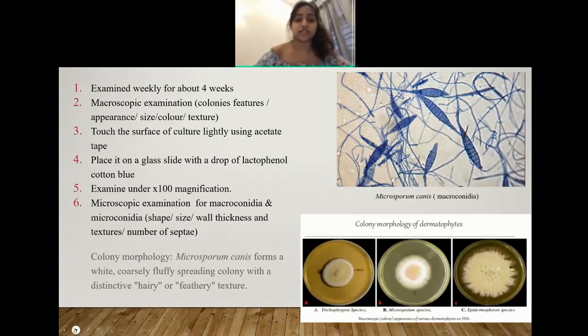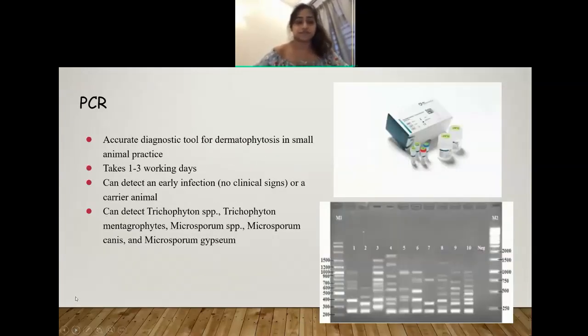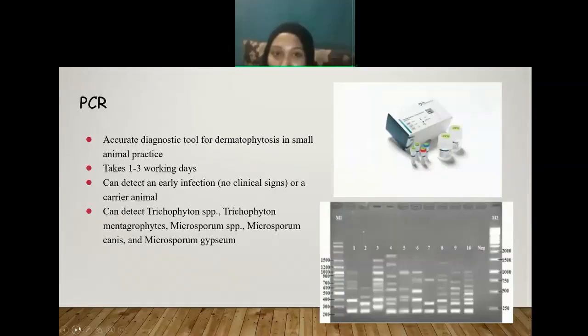Thank you. I'll pass on to the next presenter. So the next is PCR. PCR stands for polymerase chain reaction. This is an accurate diagnostic tool for dermatophytosis in small animal practice. It is dramatically faster than traditional fungal culture as it only takes 1 to 3 working days.